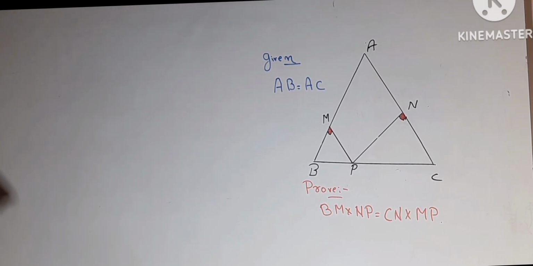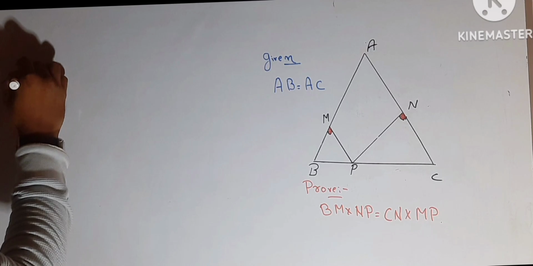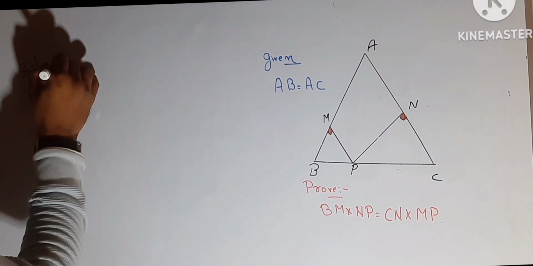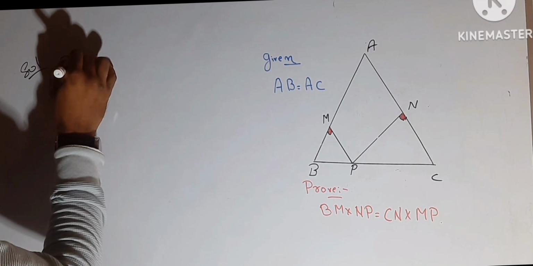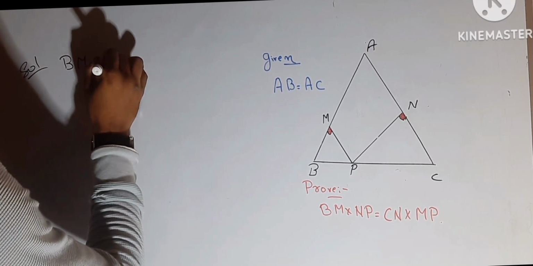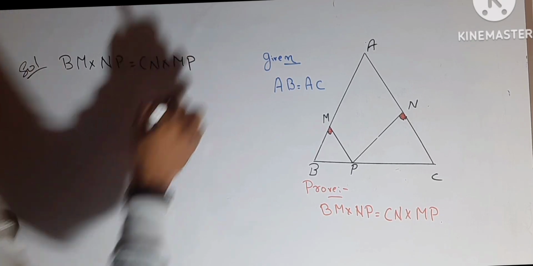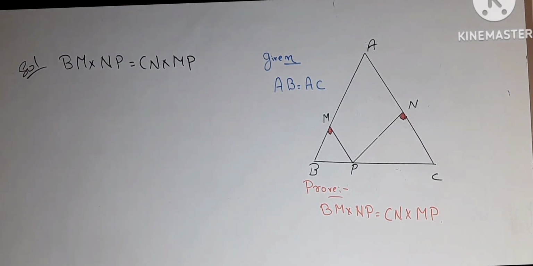Let me see what we can do from this one. So we know the process and the drill. Again we will take, here we have to write what they gave you: BM into NP is equal to CN into MP. So written. After that we have to figure out from which triangle it's coming.